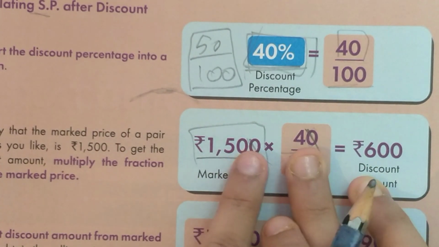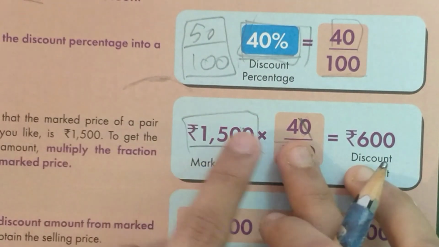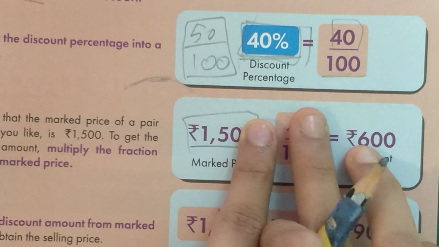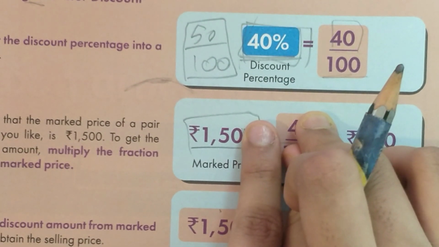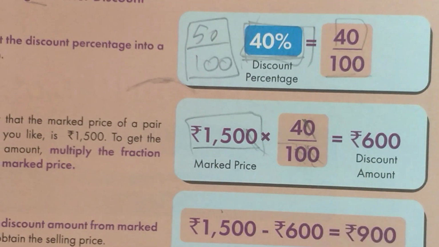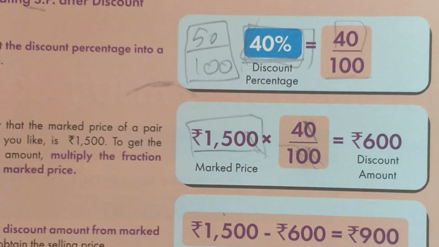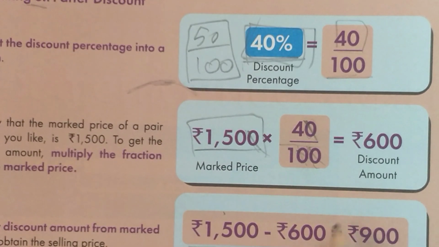Now what is remaining? We can't multiply anything with 1, it's just the same, so we leave that. So it's 150, and there is no 0 here. 150 into 4 is 600. Now, how much would you pay the shopkeeper? The selling price is the marked price minus the discount.